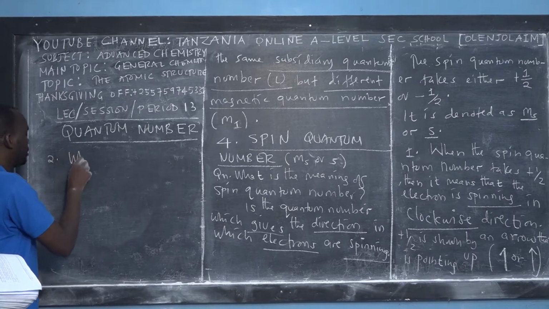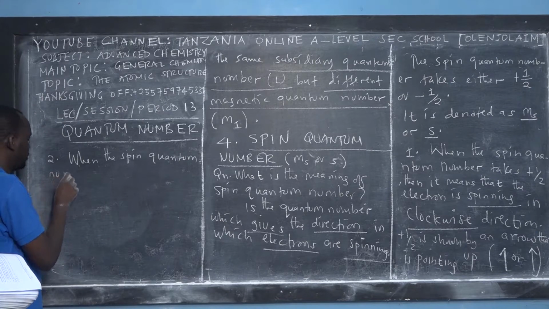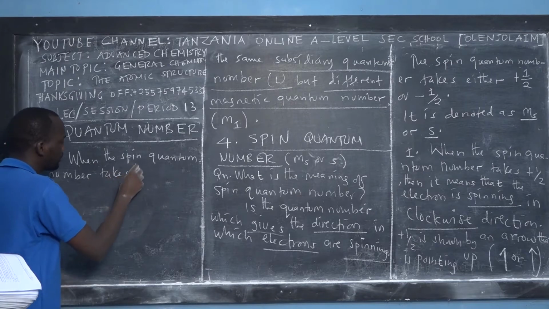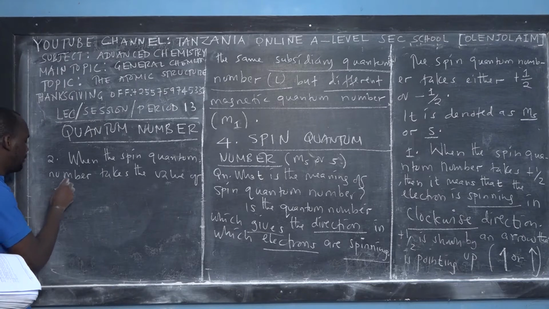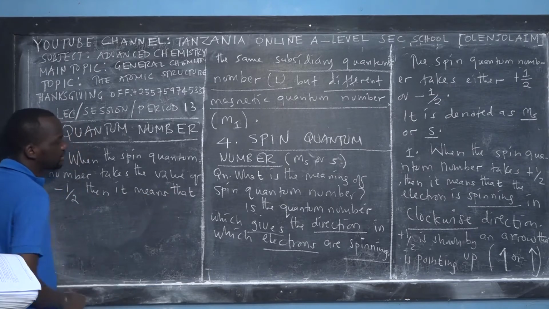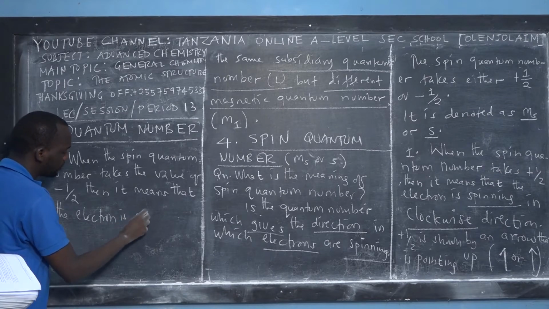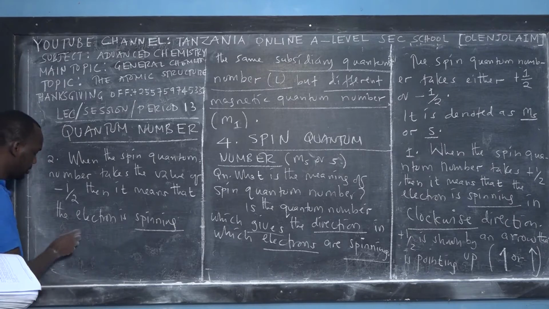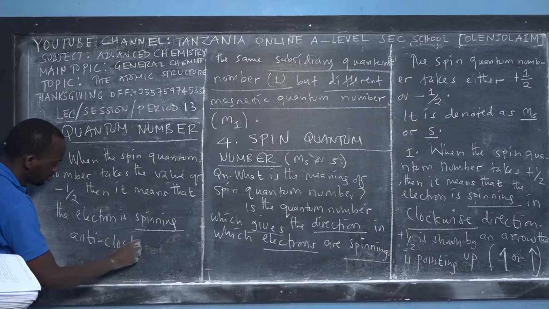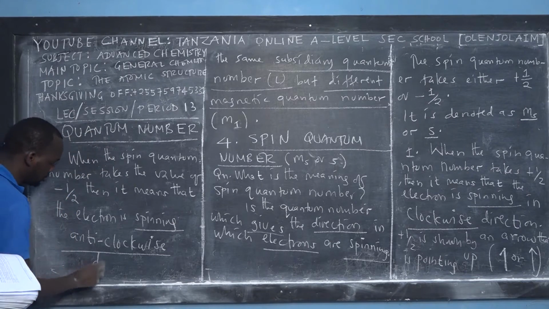Number 2. When the spin quantum number takes the value of negative a half, it means that the electron is spinning in the anti-clockwise direction.